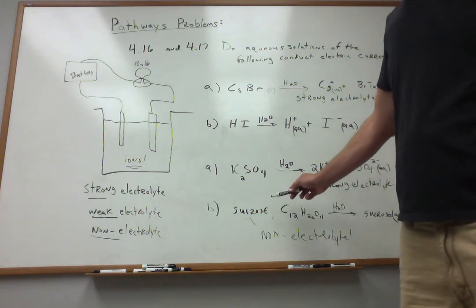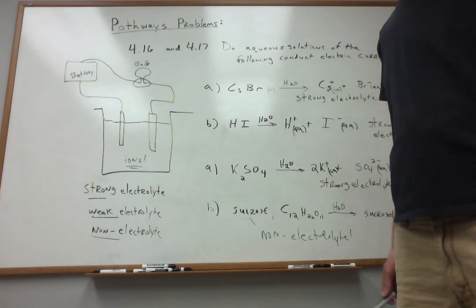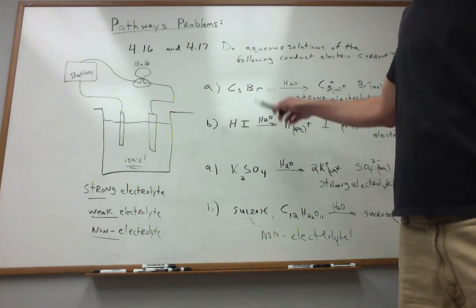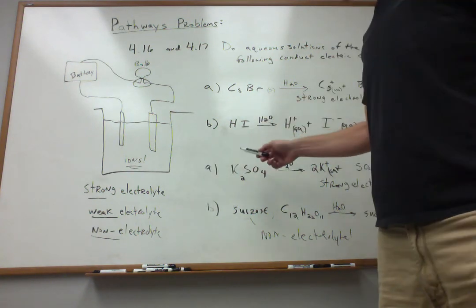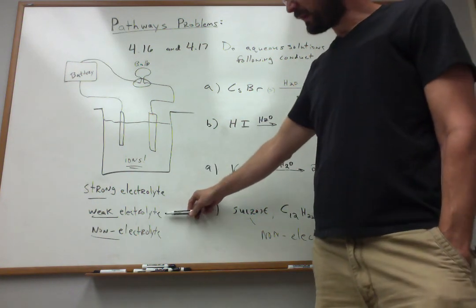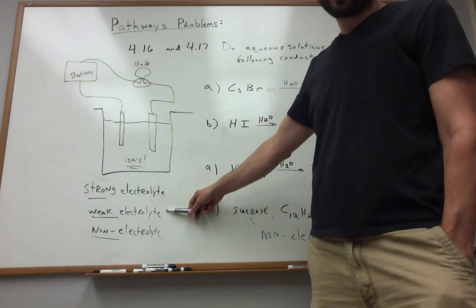So we've seen that non-electrolytes are kind of the realm of covalent compounds, and strong electrolytes are the realm of ionic compounds. So what makes something in this middle category, the weak electrolyte?